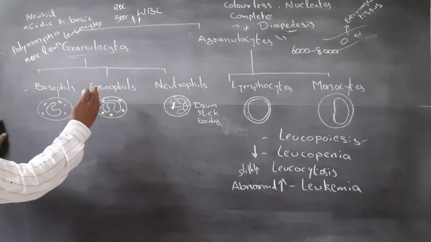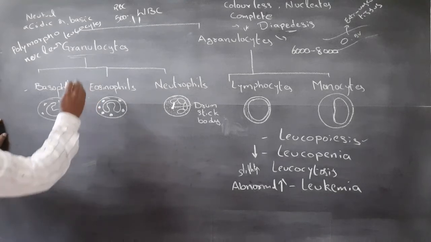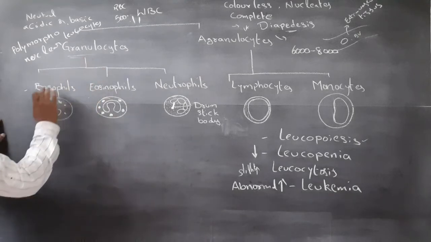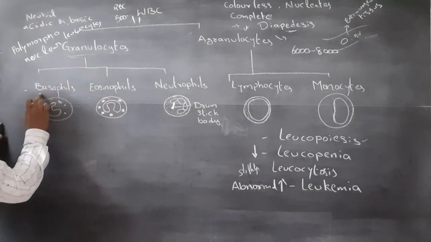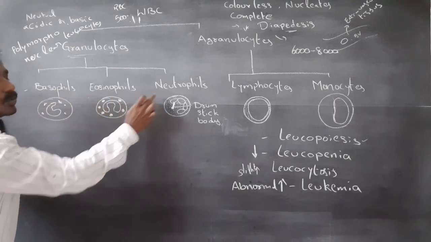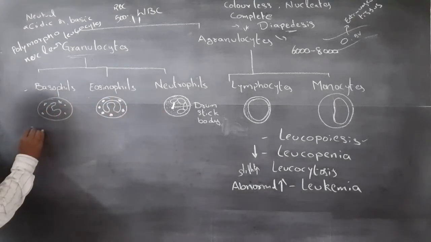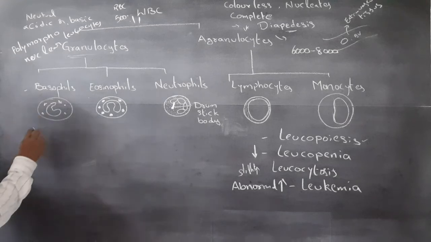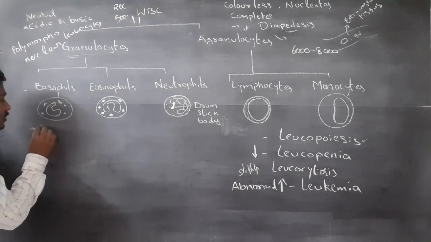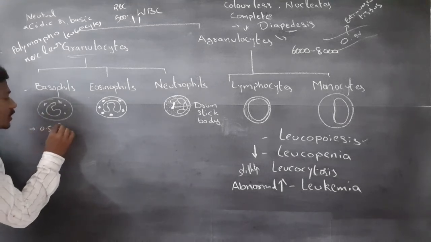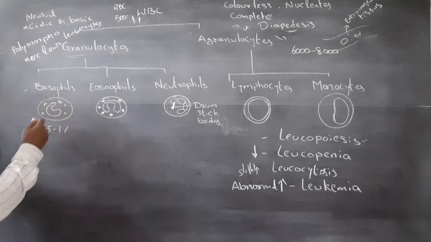Based on the staining property, granulocytes are divided into basophils, eosinophils, and neutrophils. Basophils are 0.5 to 1% of total leukocytes.